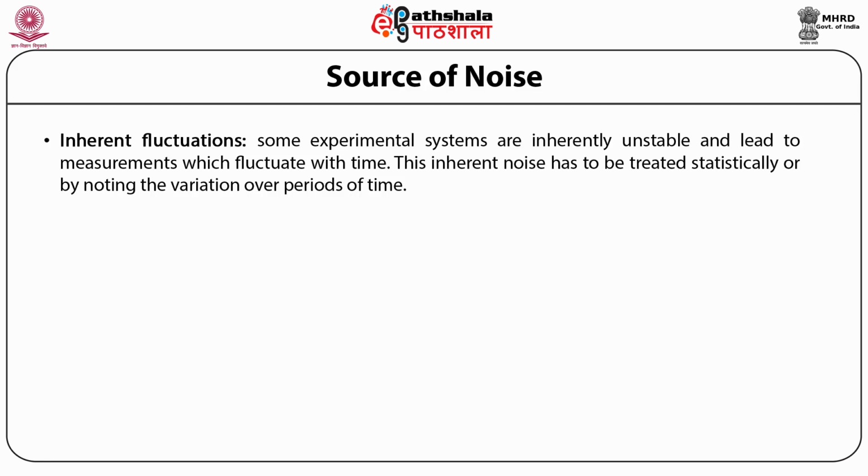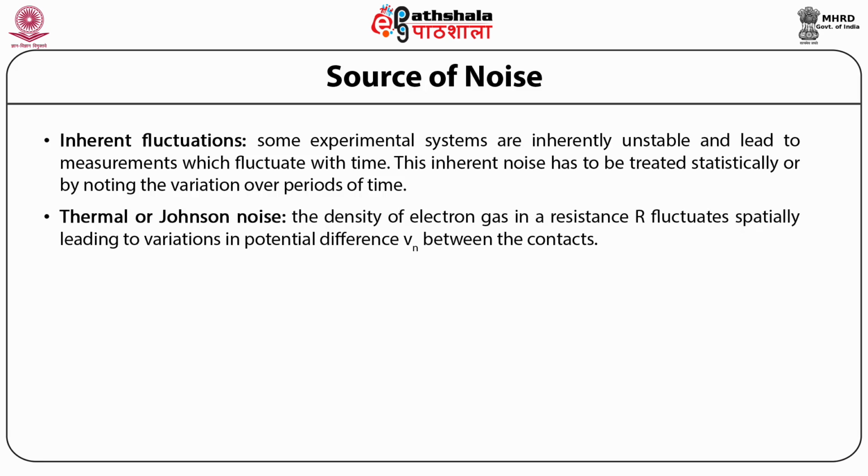The second type of noise is thermal or Johnson noise. The density of the electron gas in a resistance R fluctuates spatially, leading to variations in potential difference V0 between the contacts.